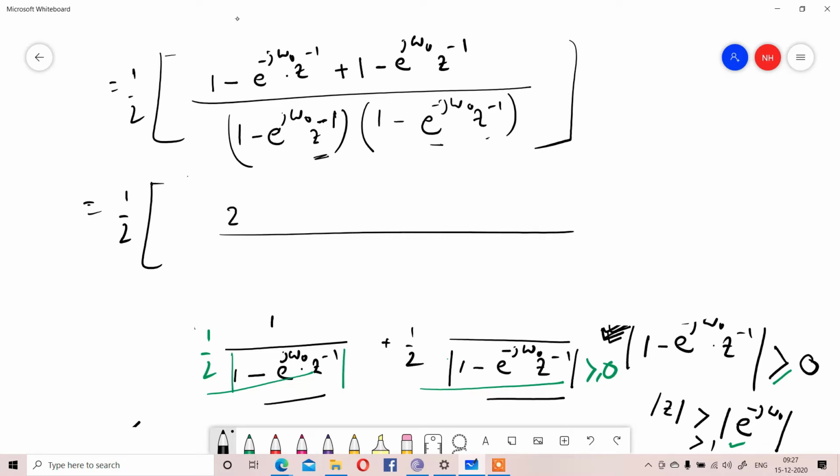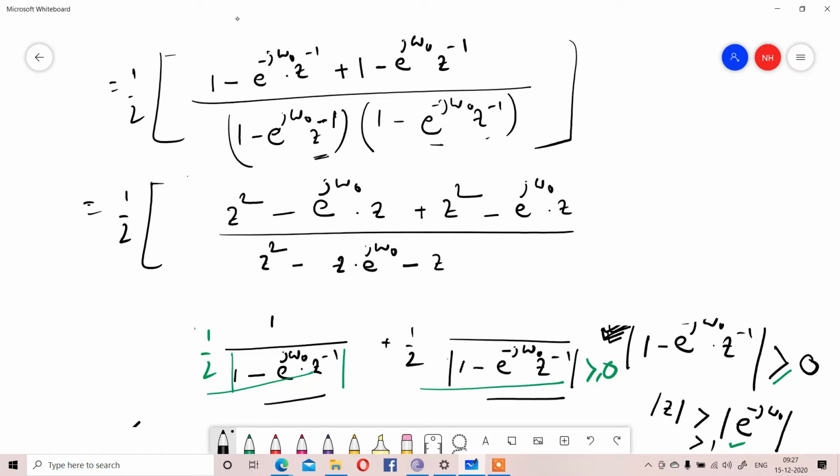You will get z square minus e to the power j omega naught into z plus z square, and that is minus e to the power j omega naught into z, and numerator z square minus, what will be the value, z into e to the power j omega naught minus z into e to the power minus j omega naught plus, I think it will be 1.